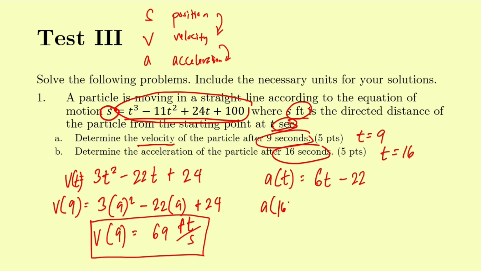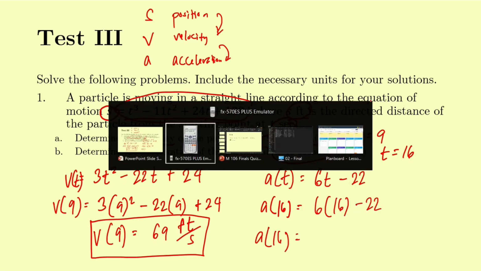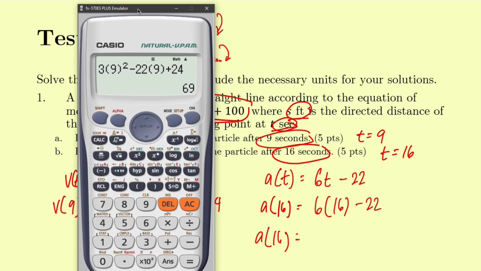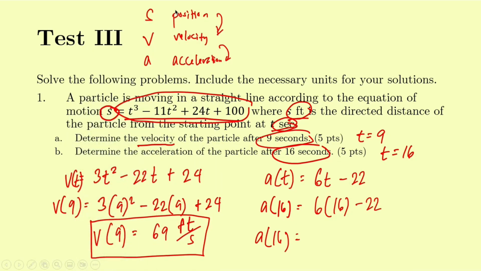So a of 16 is equal to 6 times 16 minus 22. So you end up with 74. It's equal to 74.